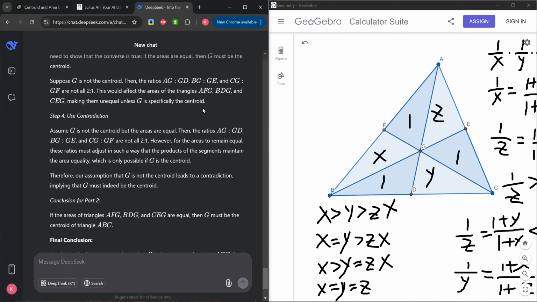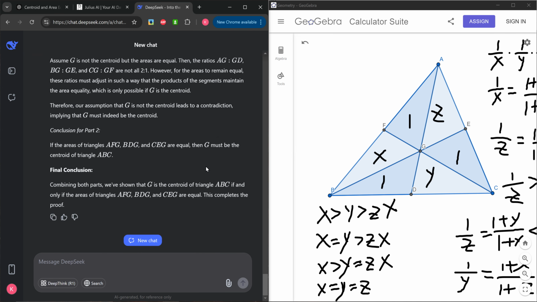No, you cannot prove a math problem by saying that, right? You cannot just say, oh, the ratios of AG to GD, BG to GE, CG to GF are not 2 to 1, then it would affect the areas of these three and make them unequal. No, that's not true. You cannot do that.